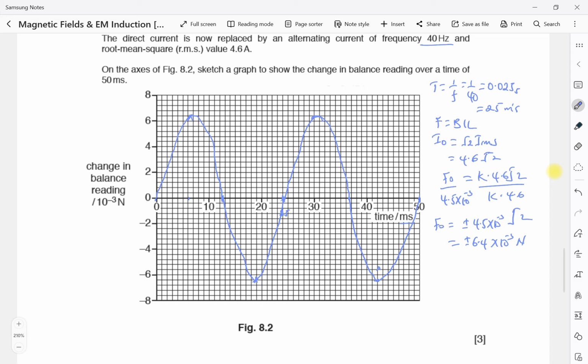So the most important point is that it goes through 0 at 25 and so on. And also note that the peak is positive 6.4 and negative 6.4. So that's where we expect our peaks. We expect the peak values to be at those points. And we also expect that one cycle should be in 25 milliseconds and two cycles in 50 milliseconds. Okay, so I think that is the graph.